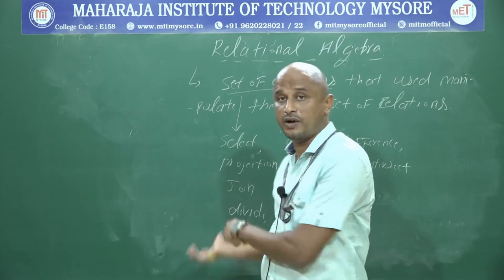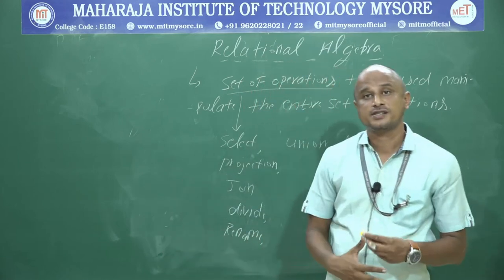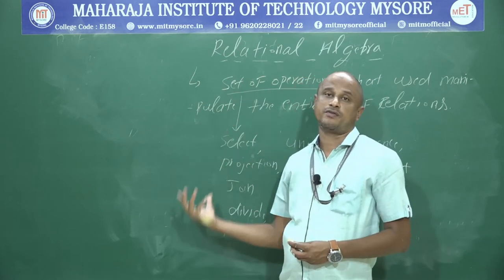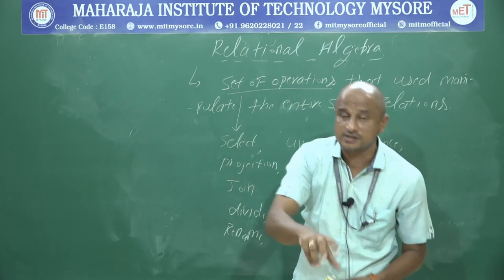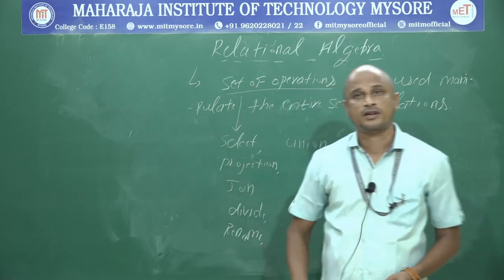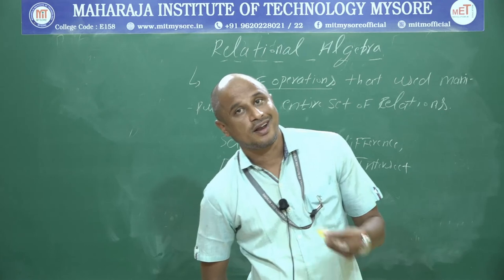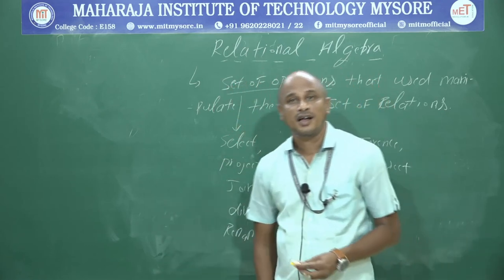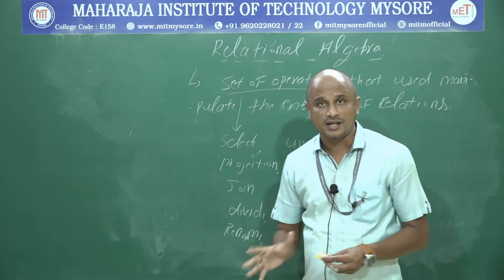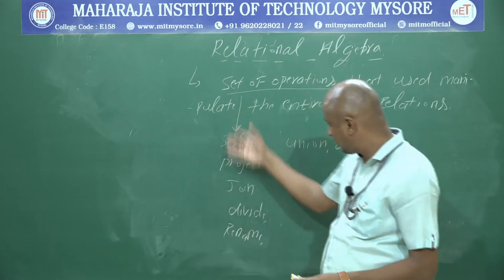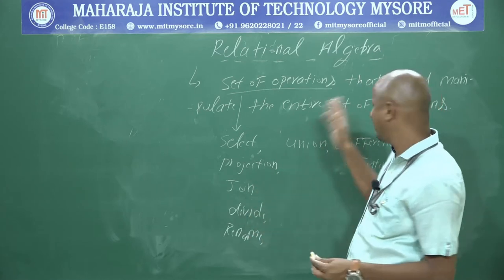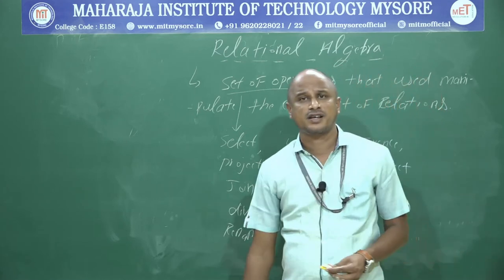There are also aggregate and group by. Some of the operations can be applied on a huge number of relations provided by the database to manipulate. So this is called relational algebra, which defines a set of operations: selection, projection, join, divide, rename, grouping, aggregating, then union, difference, intersect.